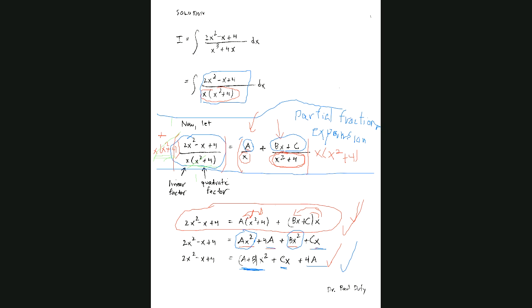So I have to put something above the x. Since x is of degree 1 as a polynomial, I'm going to put a constant above the x in the numerator. What goes in the numerator is always of 1 degree less than the denominator. The second rational function has x squared plus 4 in the denominator. What degree is x squared plus 4?